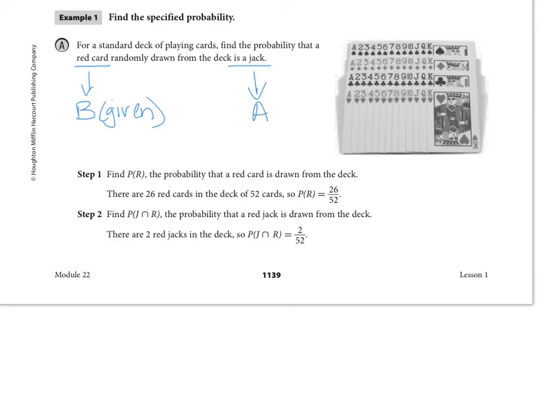So that's the probability of just getting a red card. Then we want to calculate the second probability, which is the probability of getting a jack from those red cards, so a red jack. There are two red jacks, you can see them here and here. The jack of diamonds and jack of hearts is only two possibilities out of the total 52 for the deck.